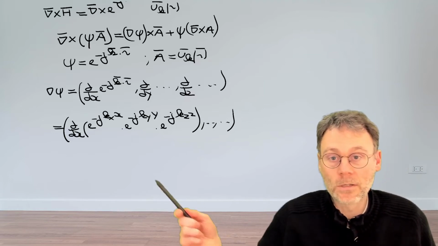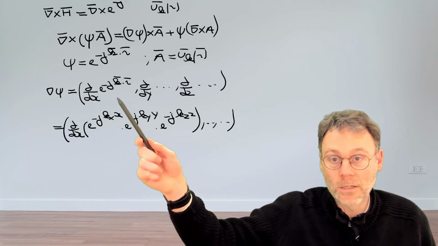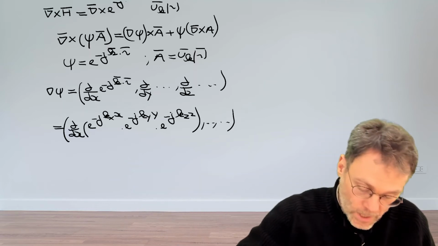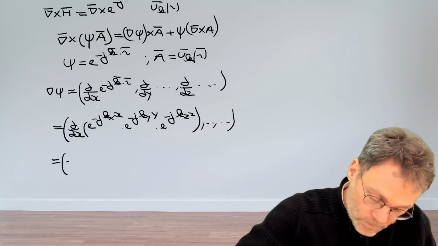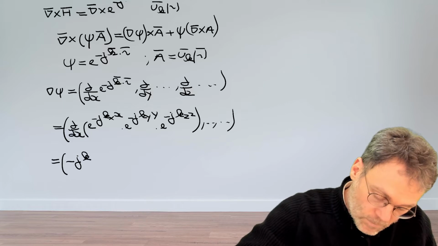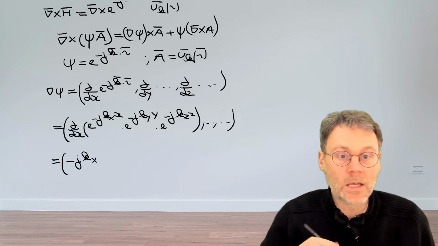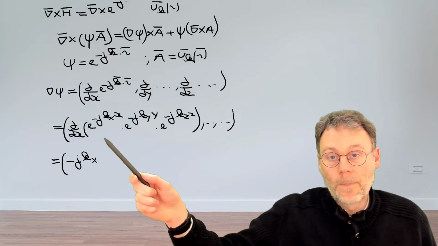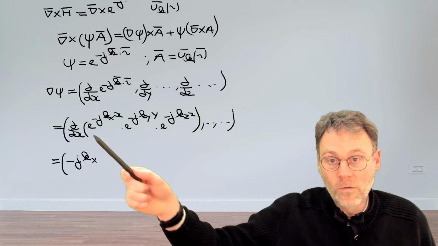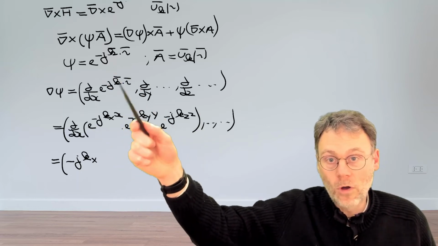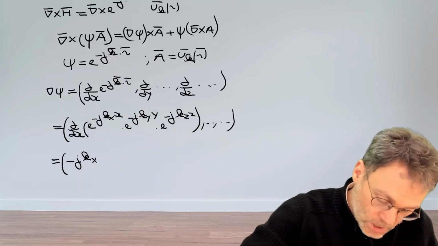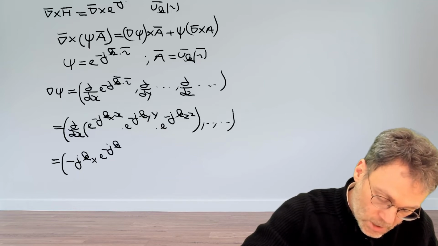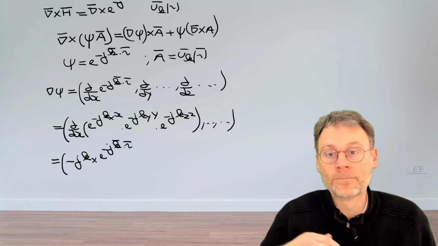And here it becomes a little bit easier to calculate the derivative with respect to x. That simply gives us a prefactor minus jk_x. And then we still have that same thing over here. So let's write that more compactly as exponential minus jkr.